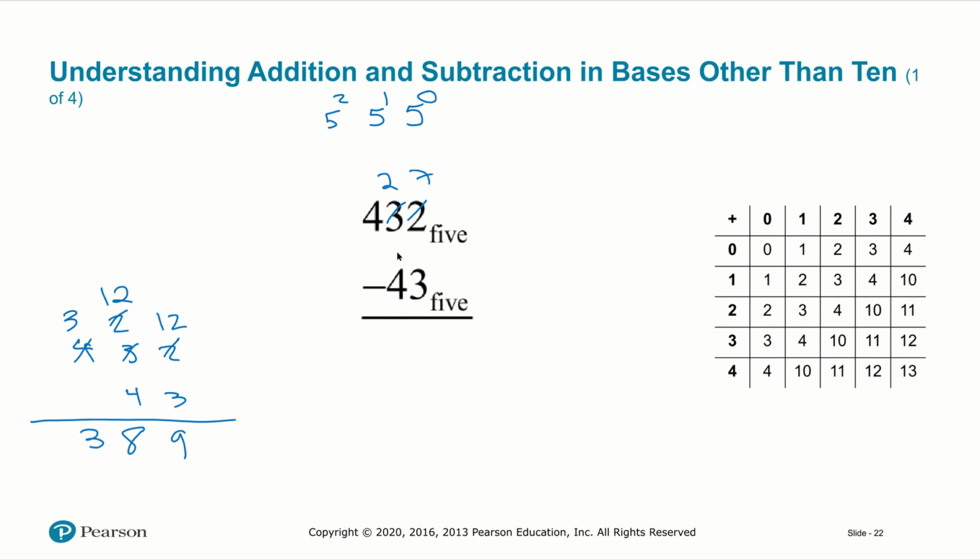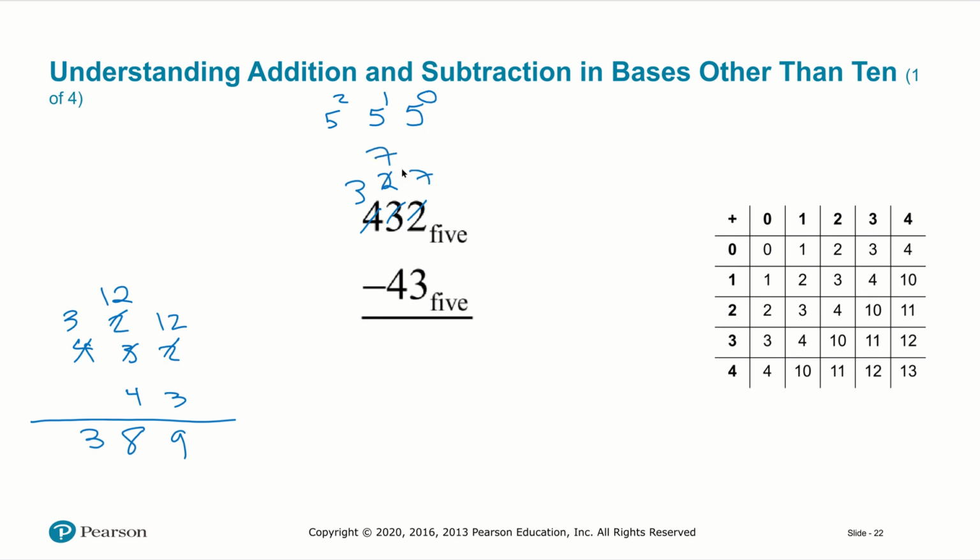So moving on, I noticed that I can't take 4 away from 2. So I'm going to have to borrow from this next number, and that becomes 3. So now I have 3 5 squares here, and I'm lending 1 5 squared, or 5 5s, to this column, right? So I have 2 5s already, so the 5 that comes gets added to that, and now I have 7 5s.